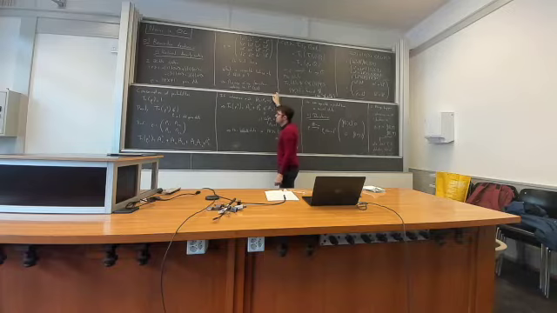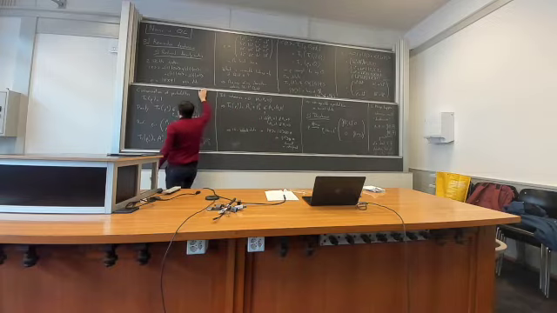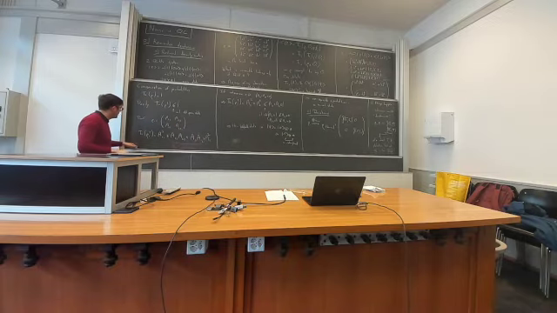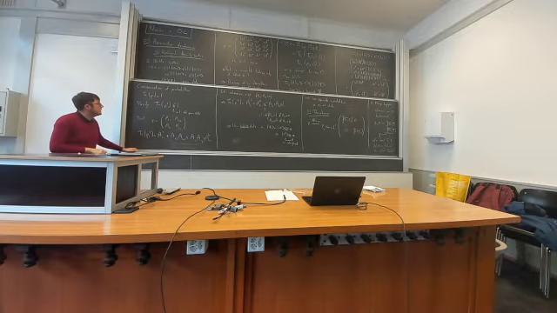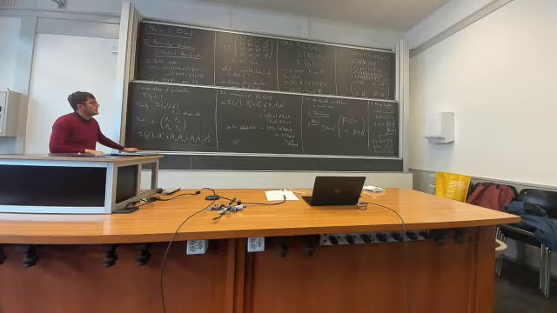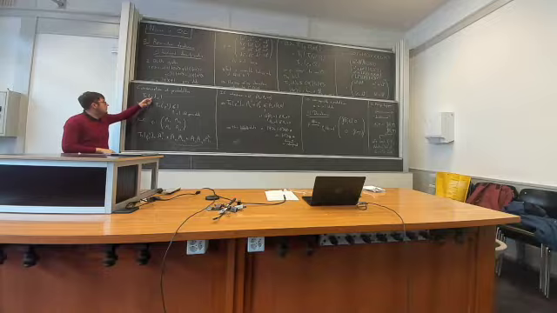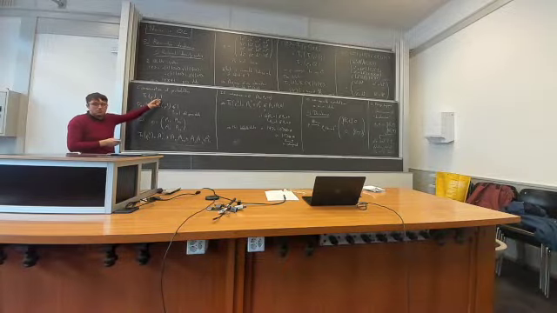Then we saw that both the density matrix and the reduced density matrix verify a whole lot of properties. One of these properties is the conservation of probabilities, that is to say that the trace of rho or any reduced density matrix is equal to 1.